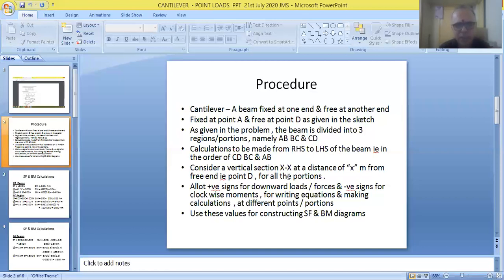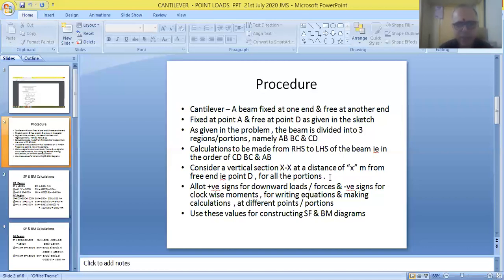So this same procedure has to be adopted for writing the SF and BM equations for the CD region, followed by the BC region and ultimately the AB region of the beam.